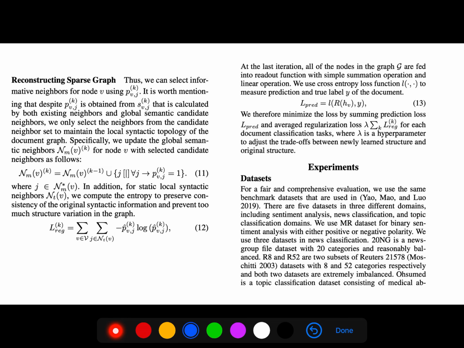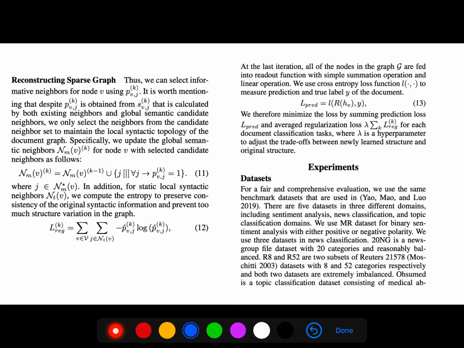Specifically, we update the global semantic neighbors for node V with the selected candidate neighbors as follows. So for static local syntactic neighbors, we compute the entropy to preserve consistency of the original syntactic information and prevent too much structure variation in the graph.